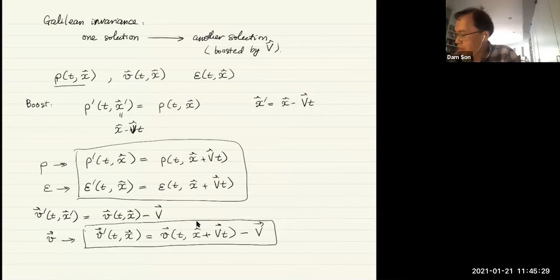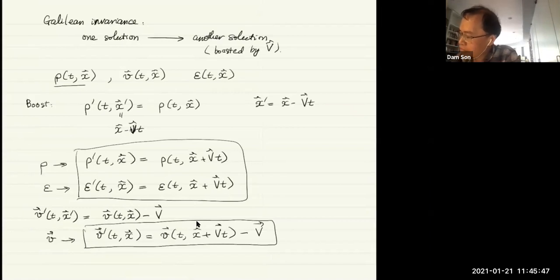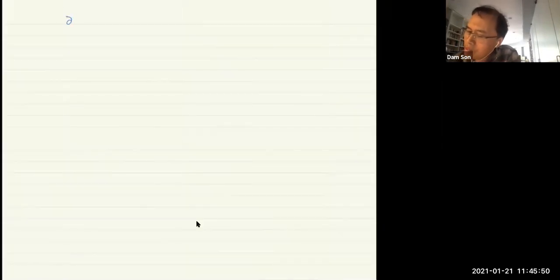Okay, so here I have these conditions on the invariance of the equation, and now I can look at the equations and see if they are invariant and what conditions I should impose to get this invariant. So for example, let me look at the first equation: d rho over dt plus divergence of rho v equal to 0.